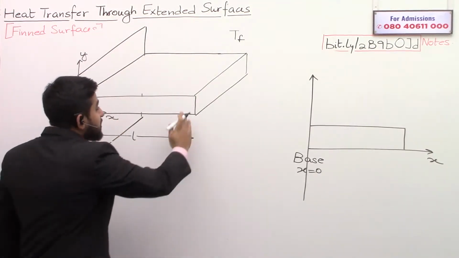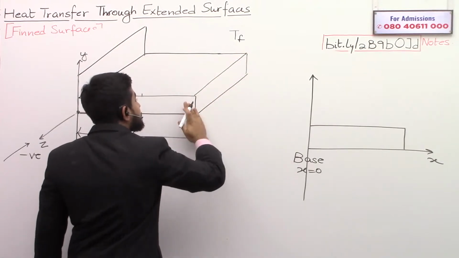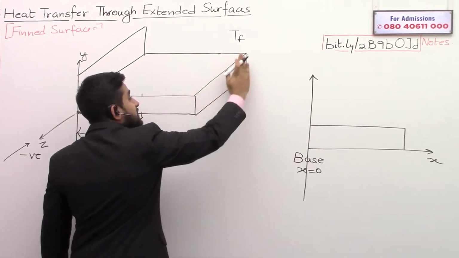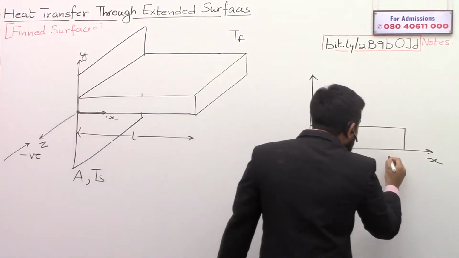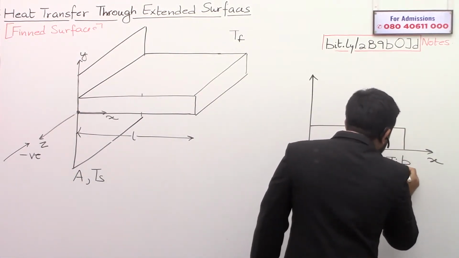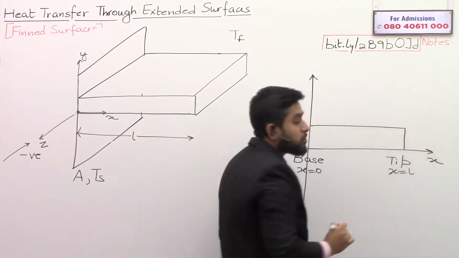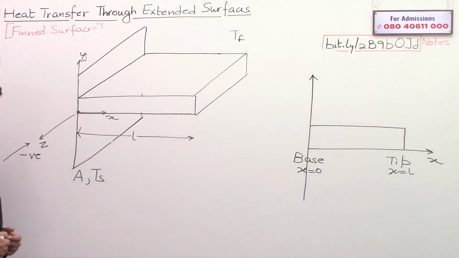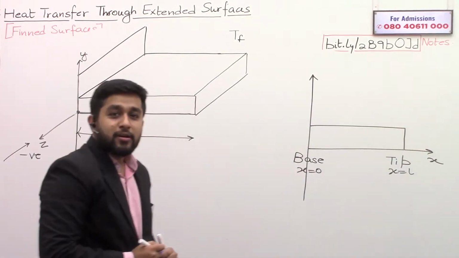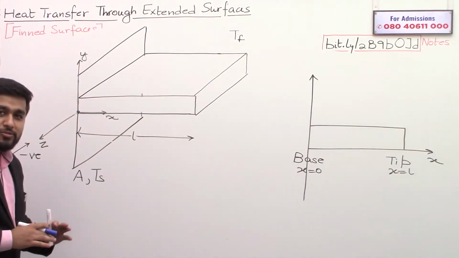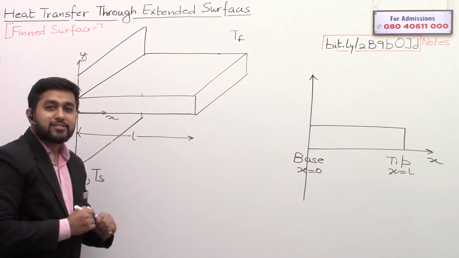Definitely the right hand side surface of the fin, please check, you can mark as x equal to L, and we will call it the tip. Now check, now things will start becoming easy. So please do not hesitate at all in asking doubts.